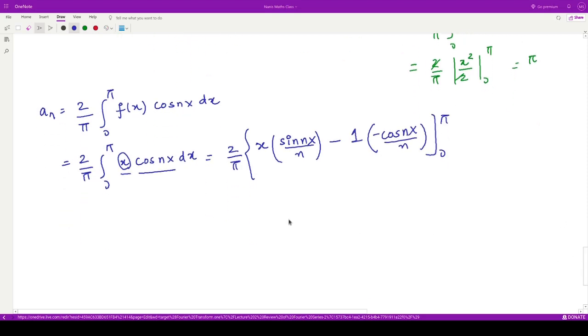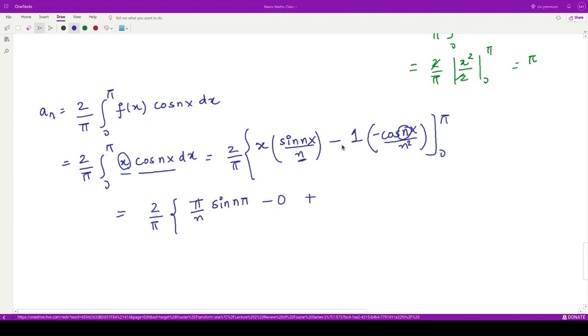So we can simplify this expression. We would have 2 upon pi, and it would be n square because one n is due to this one and one n is available over here. When you substitute pi, in place of x we would have pi by n sine n pi, and when you substitute 0 you have 0.